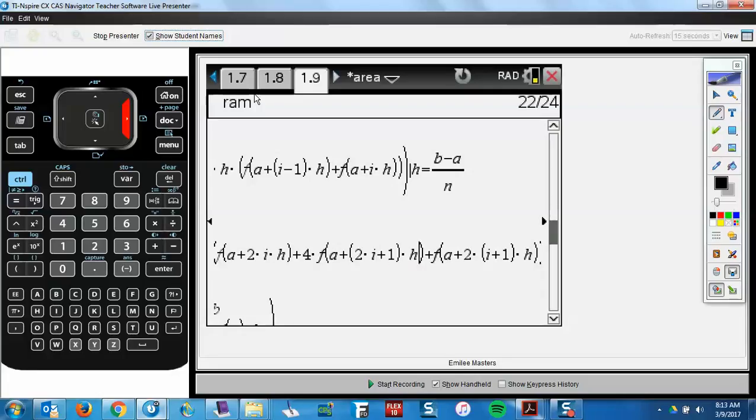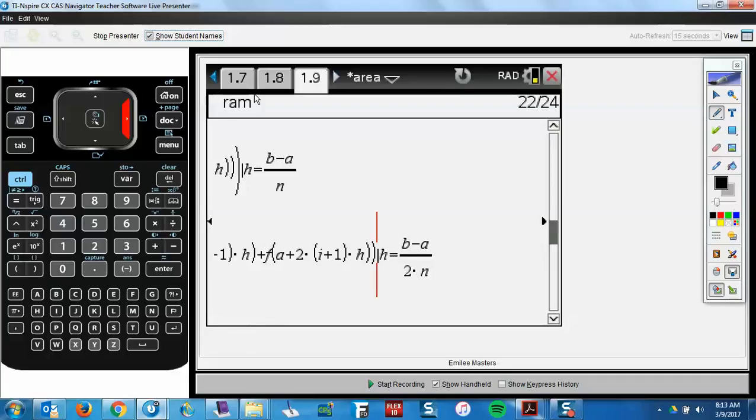See, then this next one doesn't have a 2 in front. h equals 2 over 20, so b minus a over 2n, and then in the front it was h over 3. So what do you get there for it?